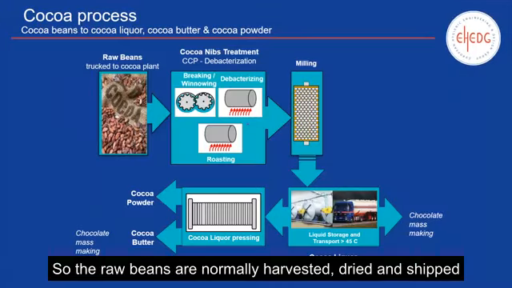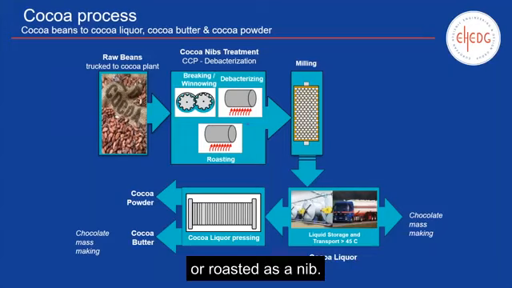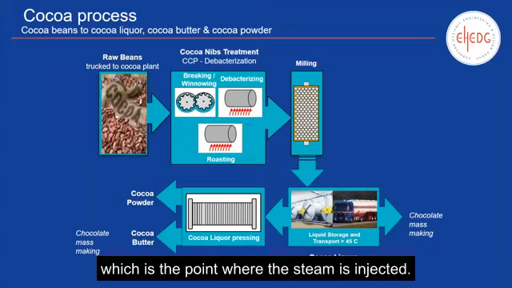So the raw beans are normally harvested, dried, and shipped to a plant, and there they will be either roasted as a bean or roasted as a nib. And this roasting step, or even better, a bacterizer, is a point where steam is injected.